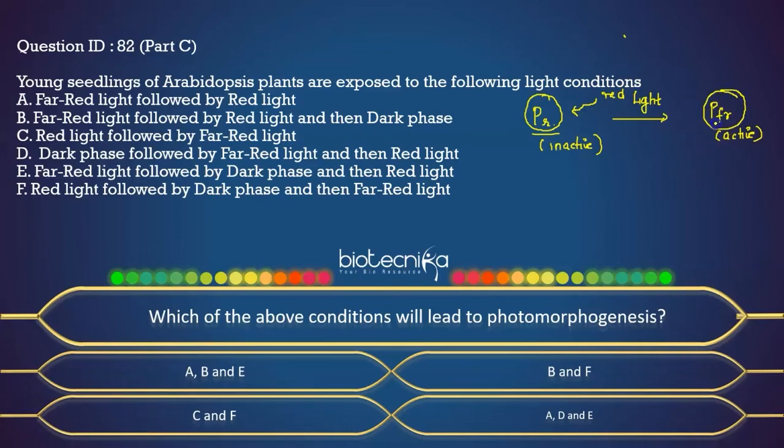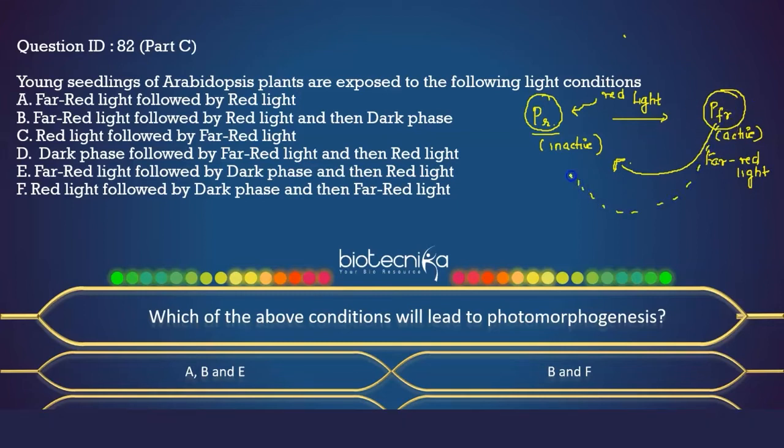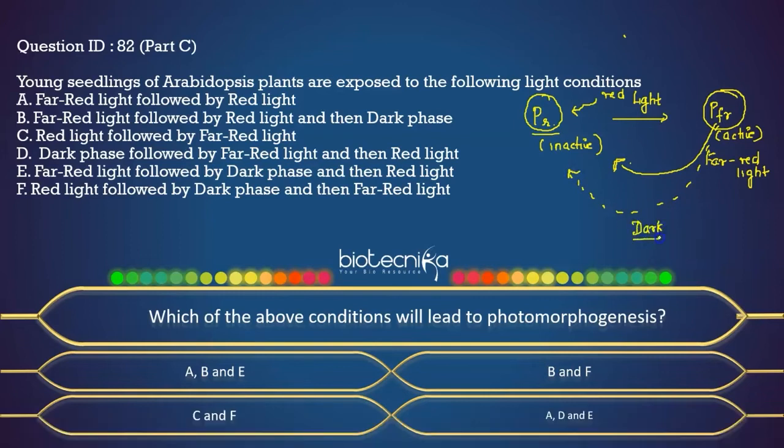But when PFR absorbs far red light, because PFR can absorb only far red light, it will be converted into an inactive form. The same PFR will also be converted into PR, the inactive form, during dark situations. This is the slow phase. PFR to PR is a slow phase.